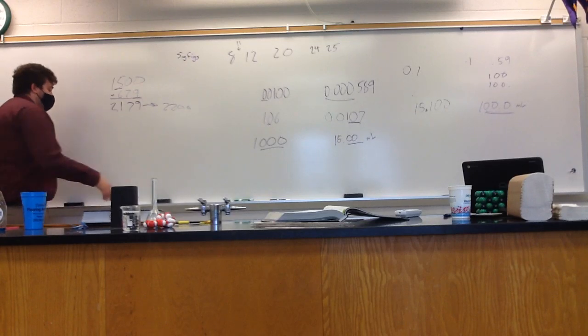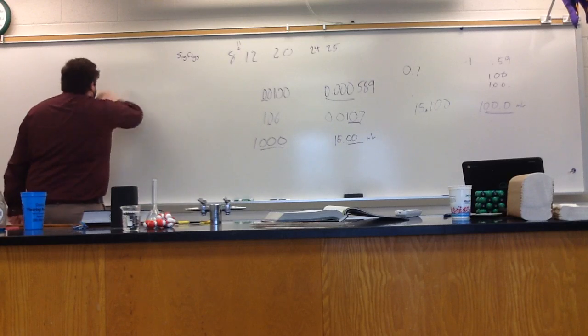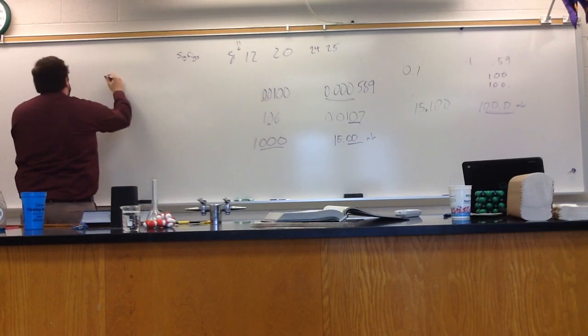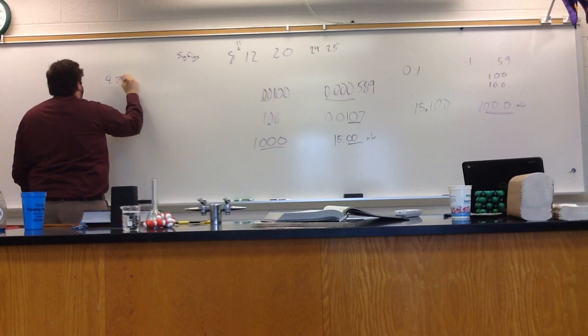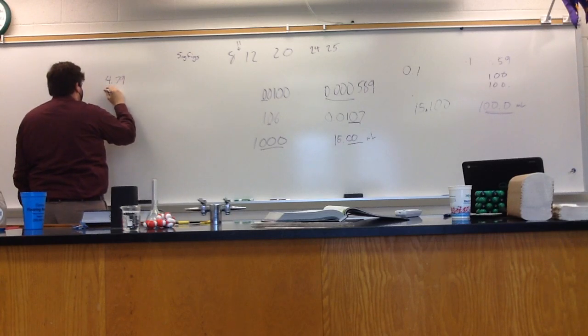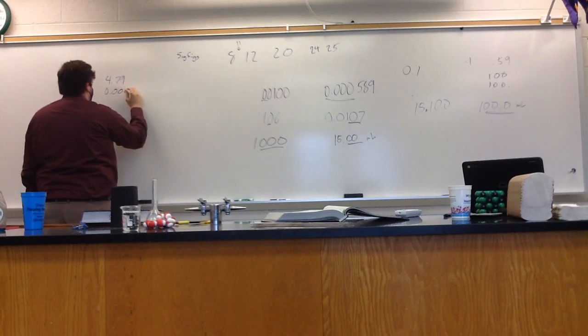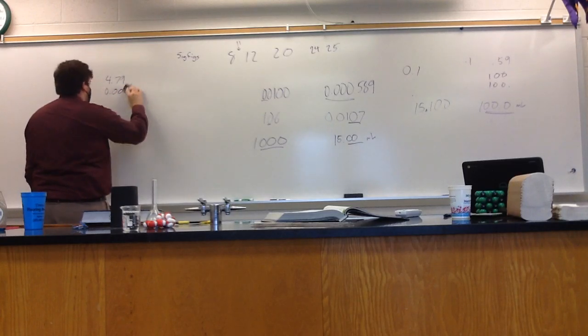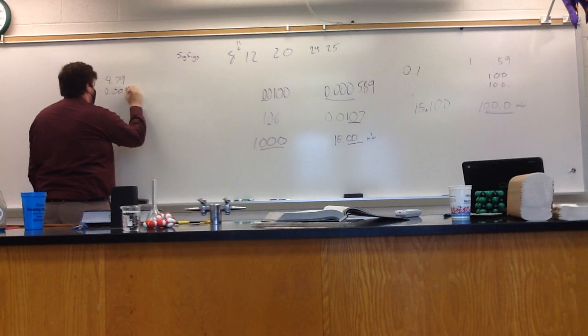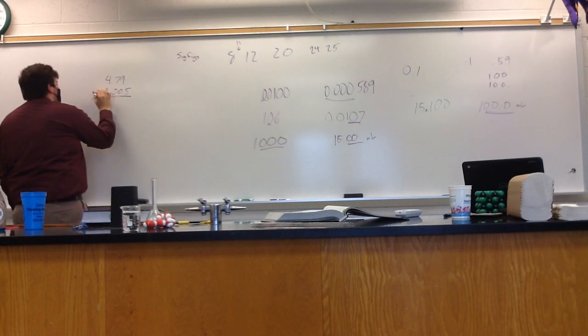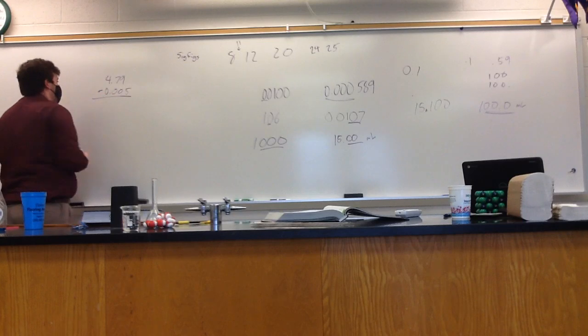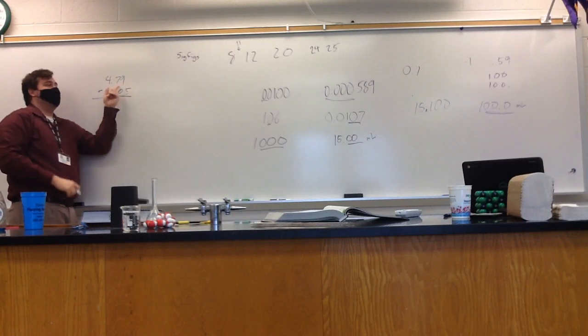The same would be true if we had decimal places, like 4.79 and then 0.000 or so. Well, this is a stupid problem, but still. Let's say we're adding these together. How accurate is this number?